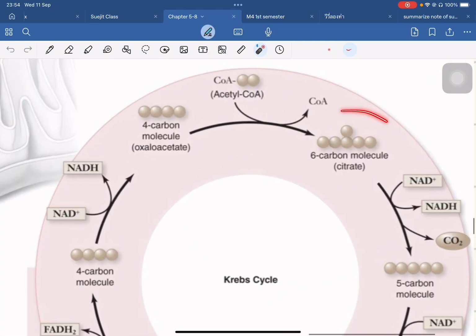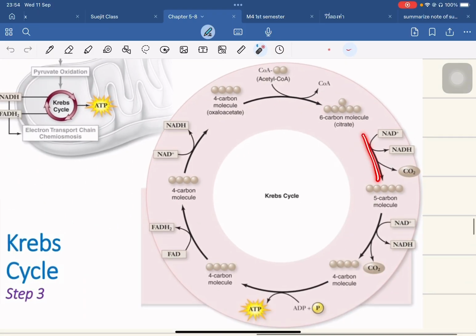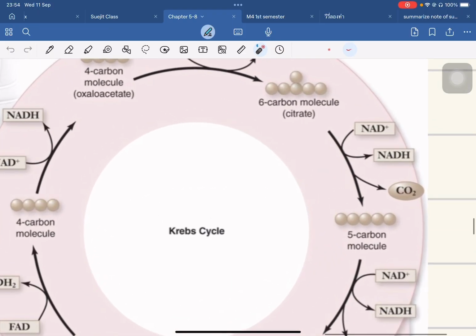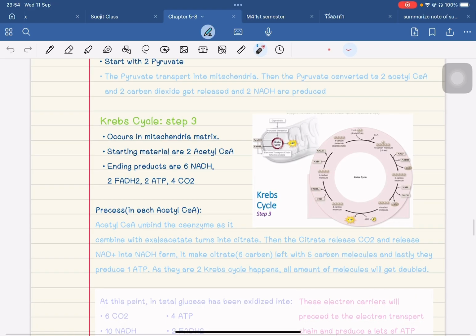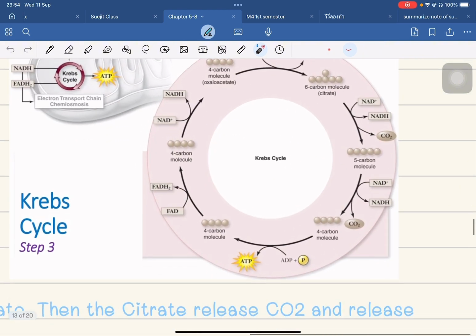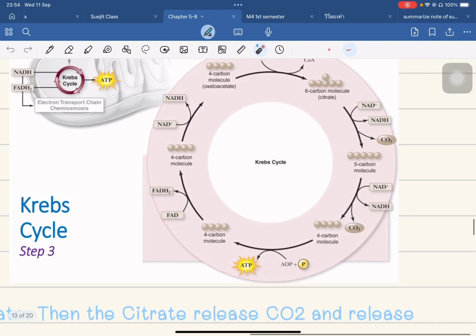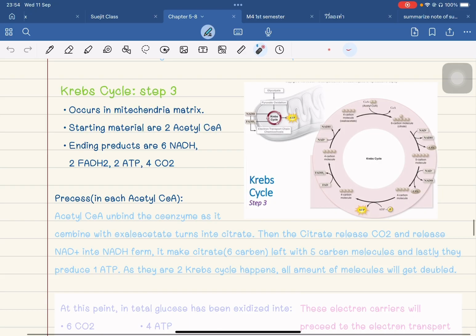After we have the citrate, the cycle repeats, releasing carbon dioxide. While they release the carbon dioxide, they also convert NAD plus into NADH.